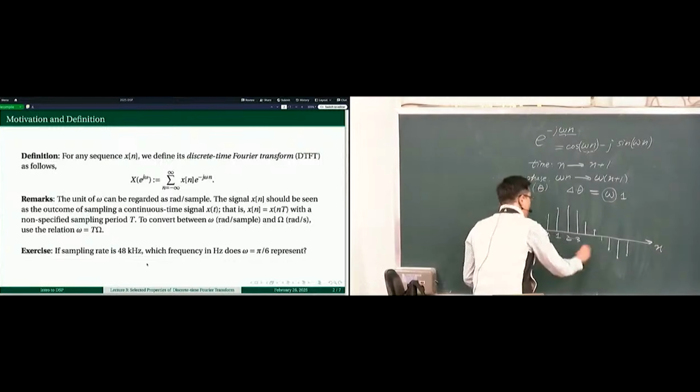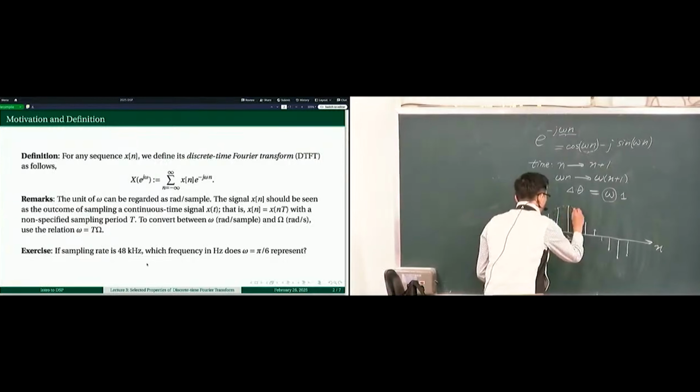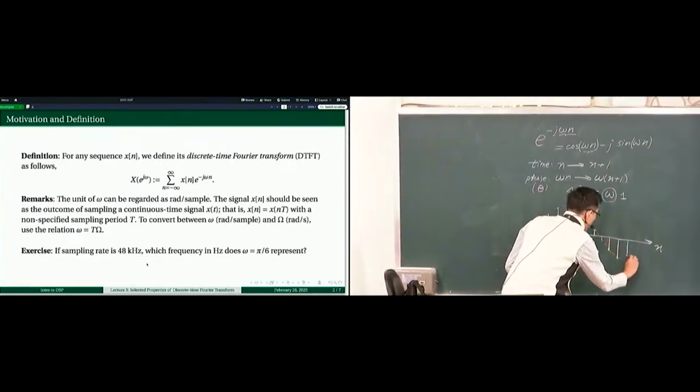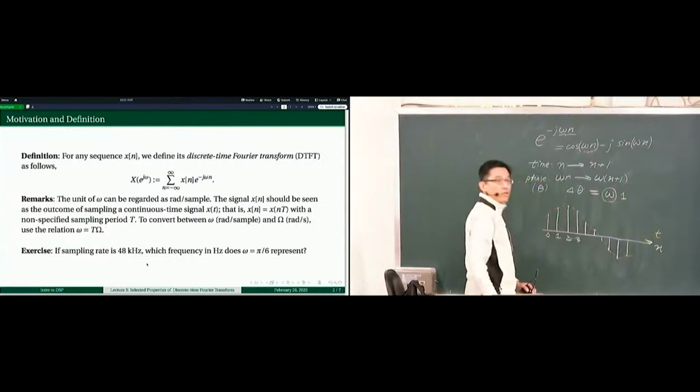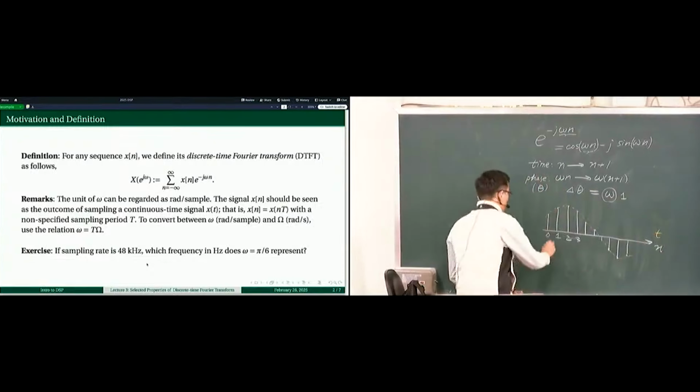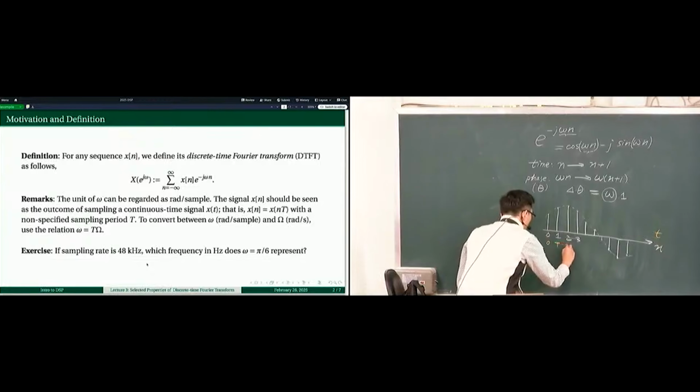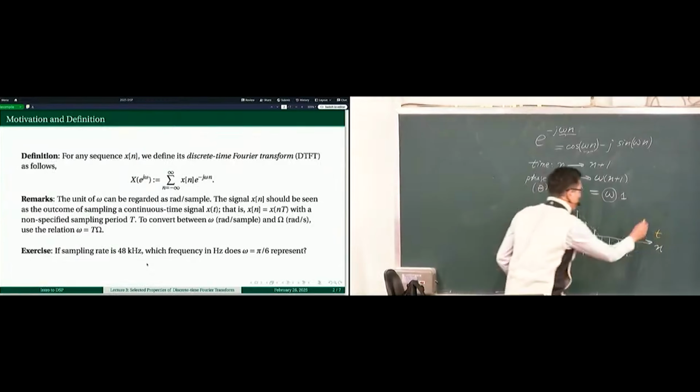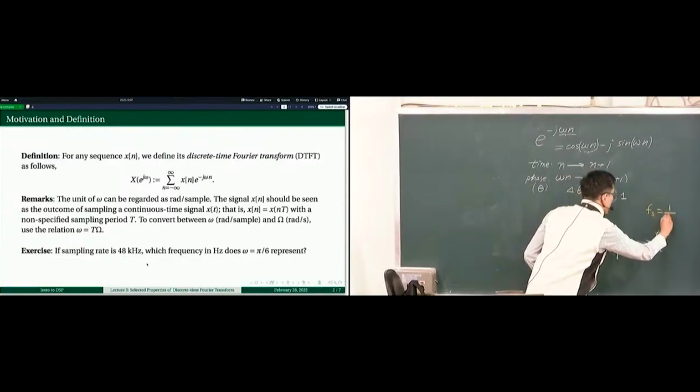That's n. But the same plot, you can think of this as a result of sampling a continuous time signal. Then that's a continuous time variable t, right? So here, really in yellow, we have 0, 1T, 2T, 3T here, okay? With the sampling rate fs being 1 over T, okay?